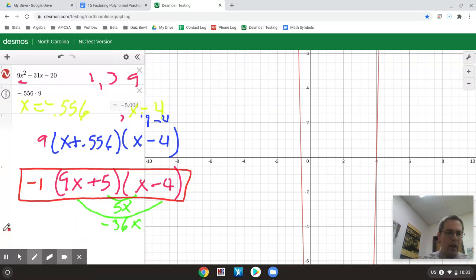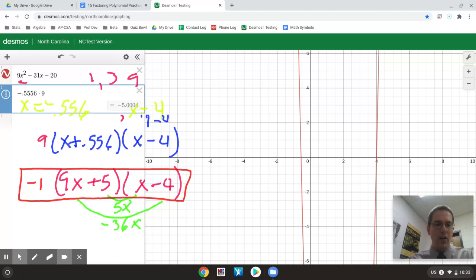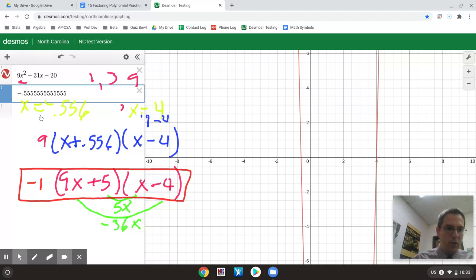One other thing I want to show you, if you are troubled by that rounding error, is if you think it's rounding error, you notice if I add more 5s, it gets closer and closer to the answer. Another thing I can do is, if I think that's a repeating 5, I can just enter that, and then I can tell it to convert to a fraction.